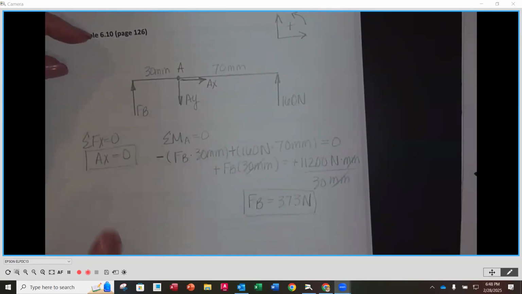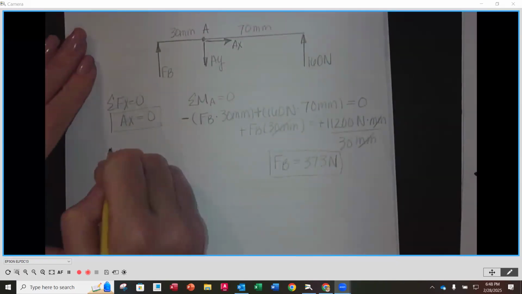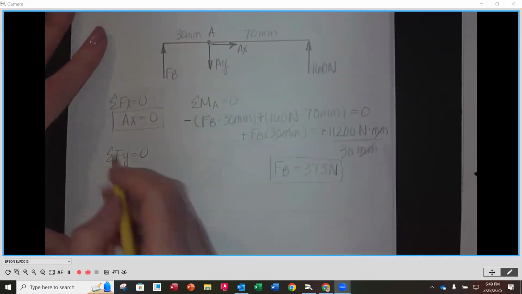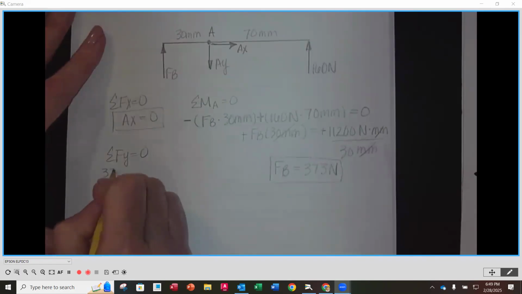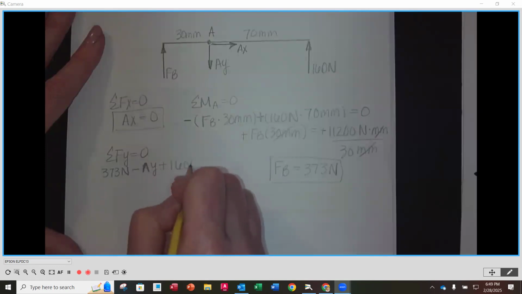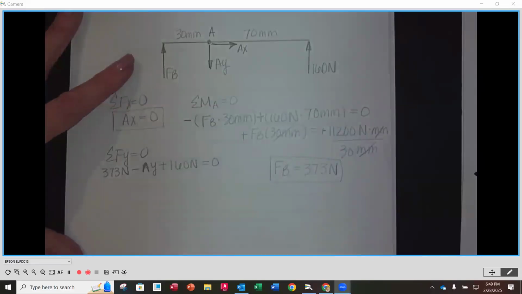We also now need to find the reaction AY. So I can sum my forces in the Y equals 0 now that I know FB. And I know FB is 373 newtons going up, minus AY, plus 160 newtons, equal to 0.